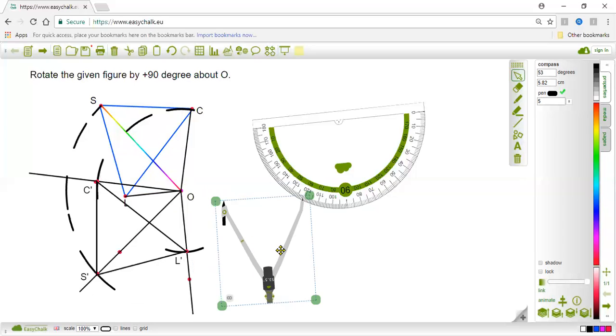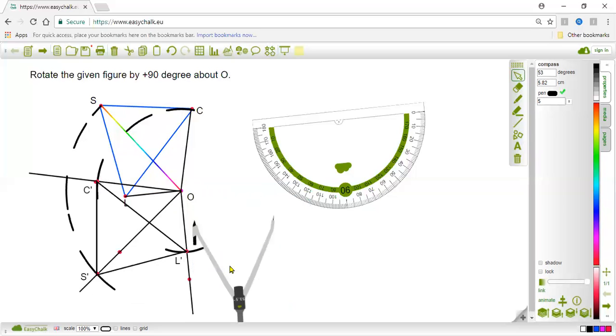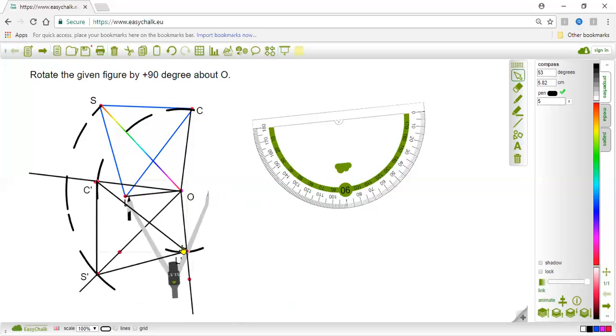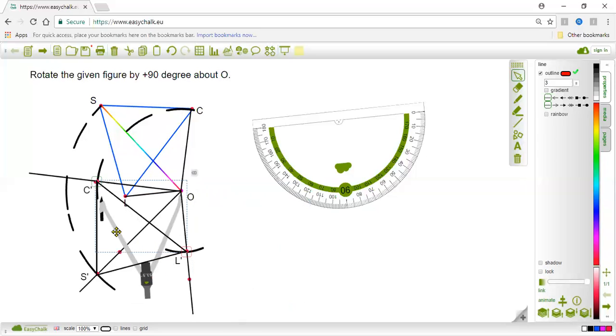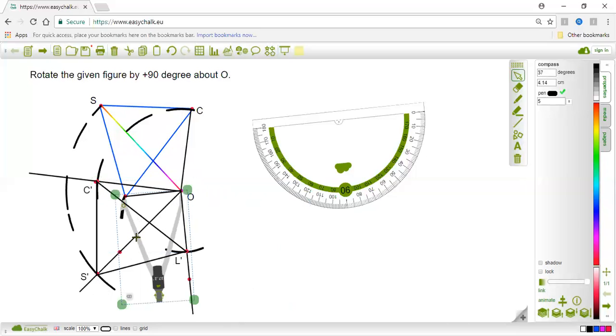Let's do the same thing for the next point, L to the L dash. First of all let me just measure, and then we have to give the path.